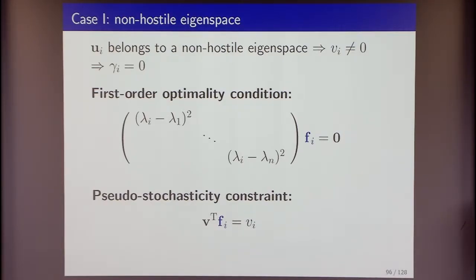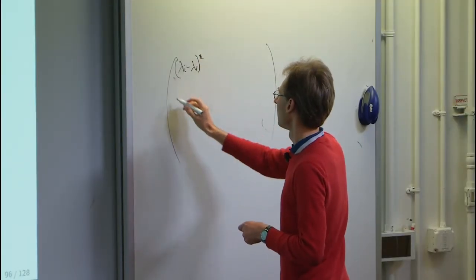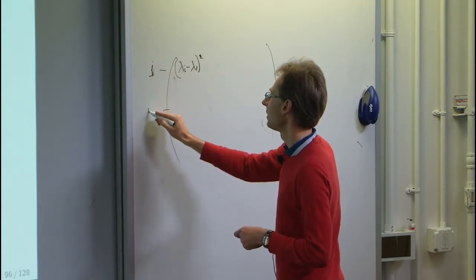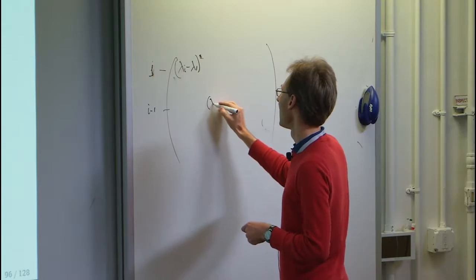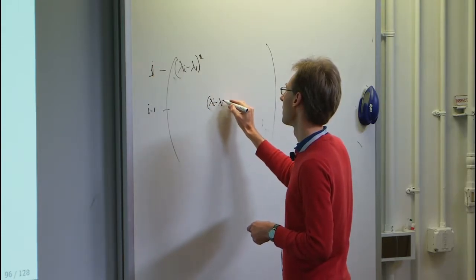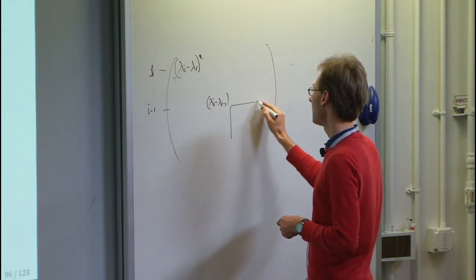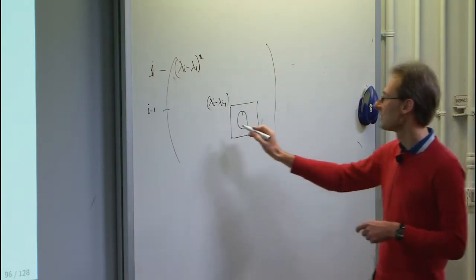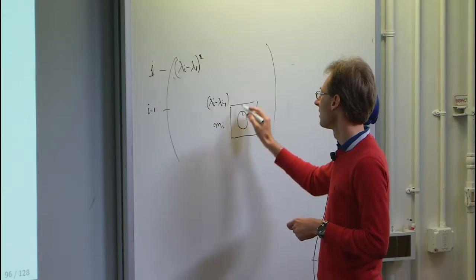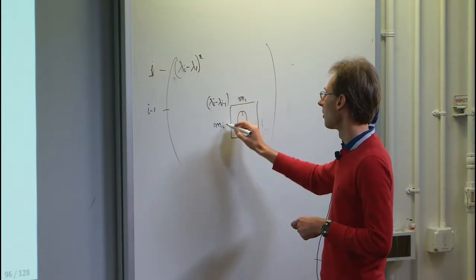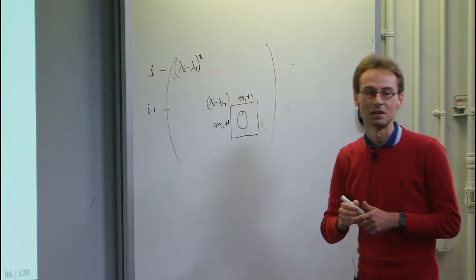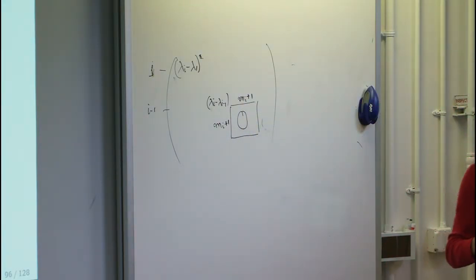The way it will look is, I will have lambda_i minus lambda_1 squared as entry 1, then until entry i minus 1, I have lambda_i minus 1. And here I will have a block of zeros of size m_i, or m_i plus 1, which is the dimension of my eigenspace.